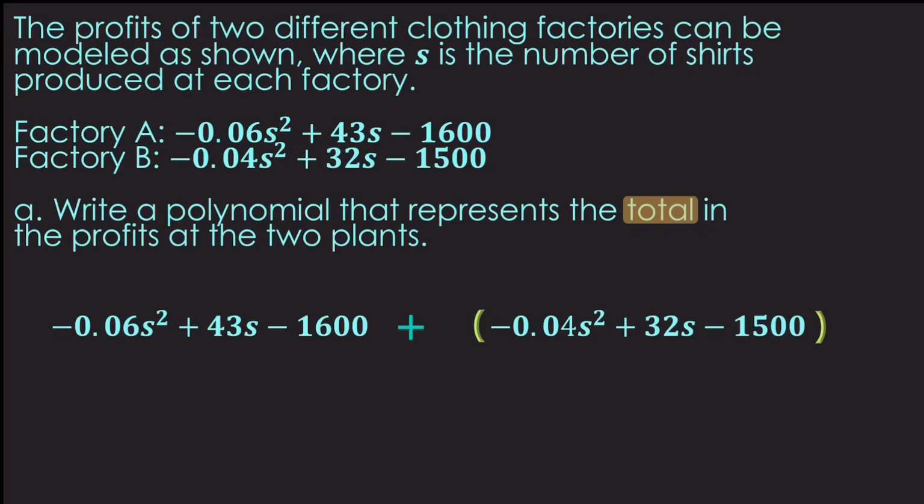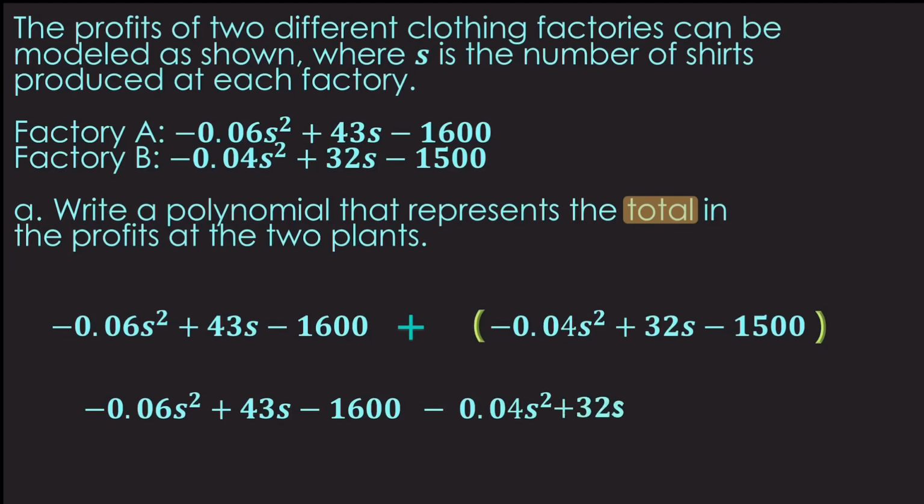I'm adding everything in A to everything in B. So what you need to realize is exactly as A is written, then I'm going to write exactly B. Look at what B was this time. It's 400ths S squared. So rather than write plus that, I'm writing a negative because my term was negative. I'm going to write the 32S as a positive because when it was written for factory B, it was a positive. And then I write a negative.